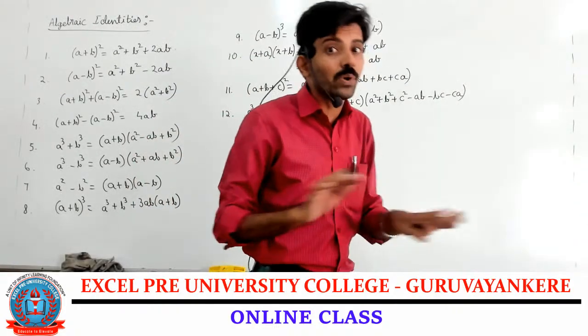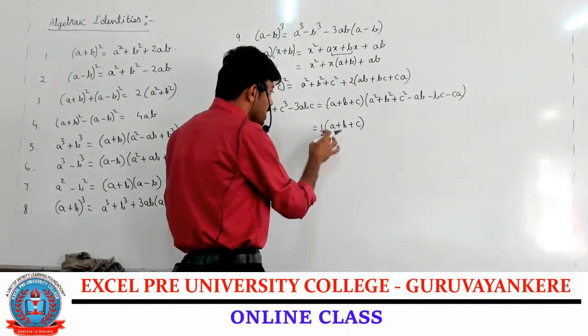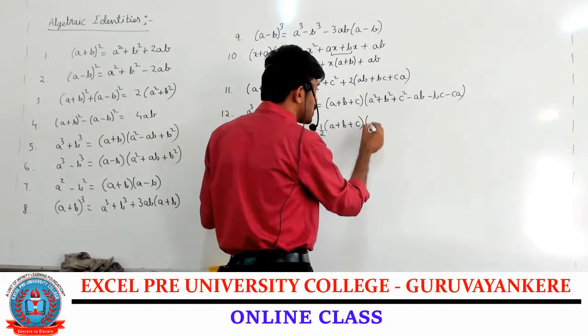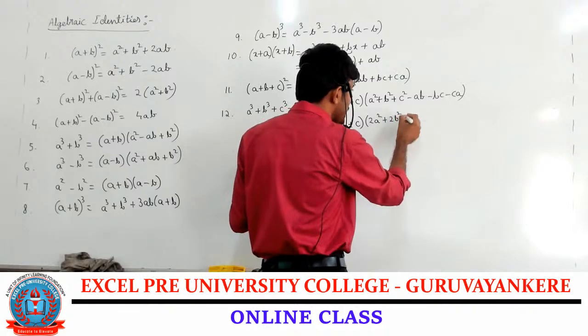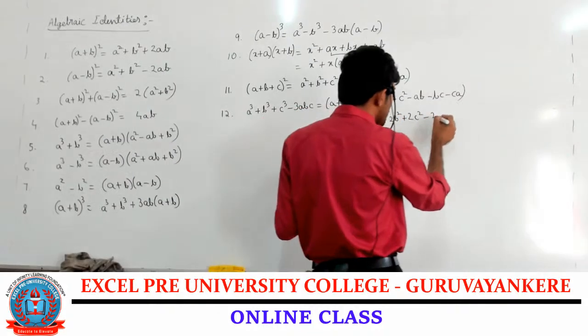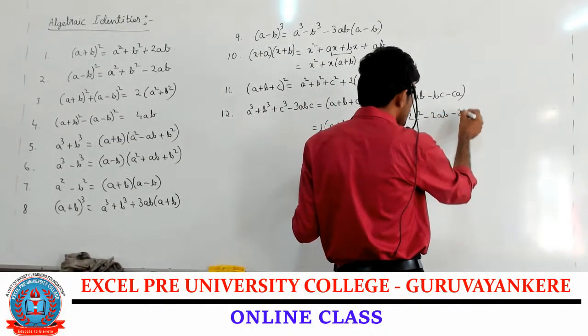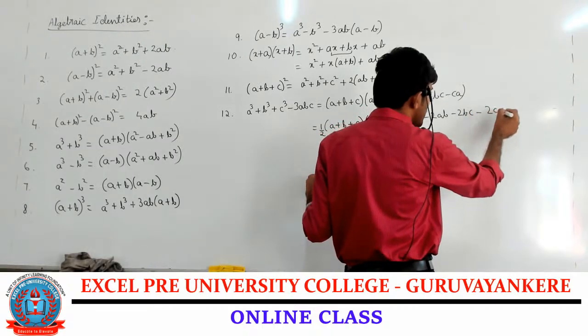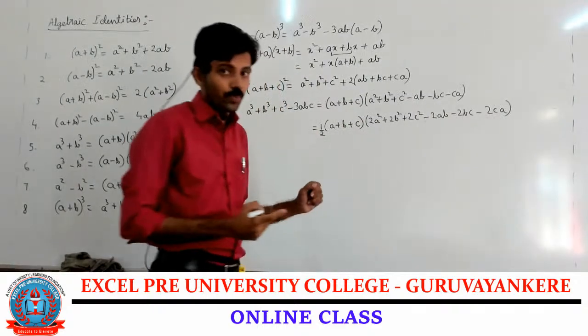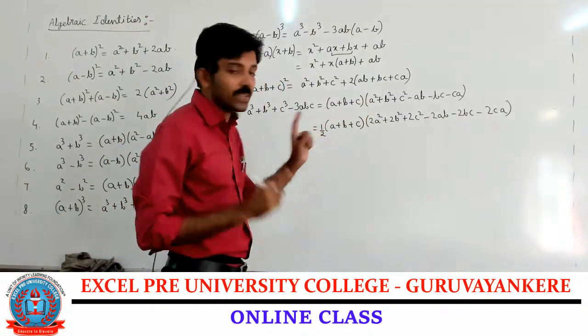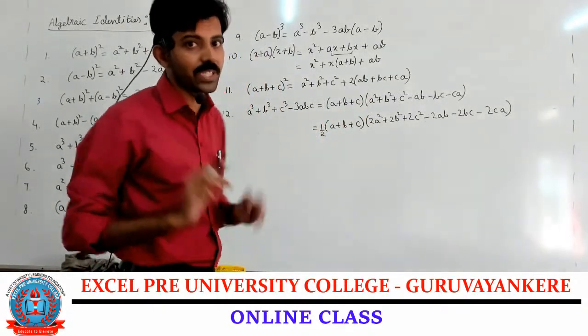Multiplying by 1 has no effect. So multiply by half, then multiply by 2: this is 2a square plus 2b square plus 2c square minus 2ab minus 2bc minus 2ca. This entire second bracket is multiplied by 2, so that 2 into half is 1. Multiplying by 1 has no effect.